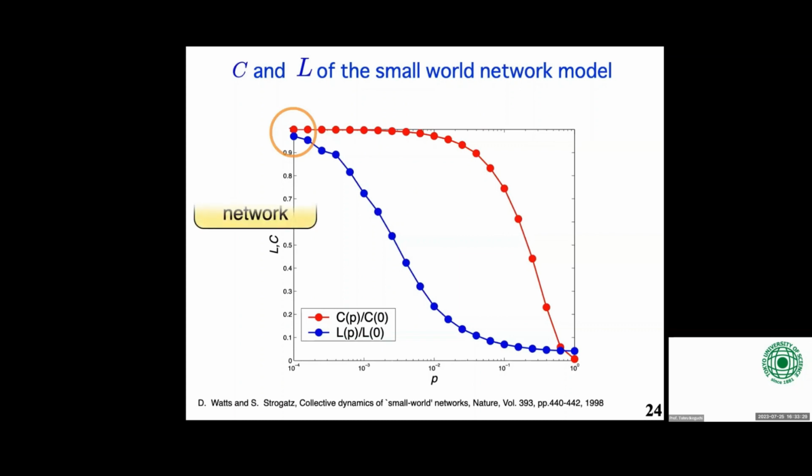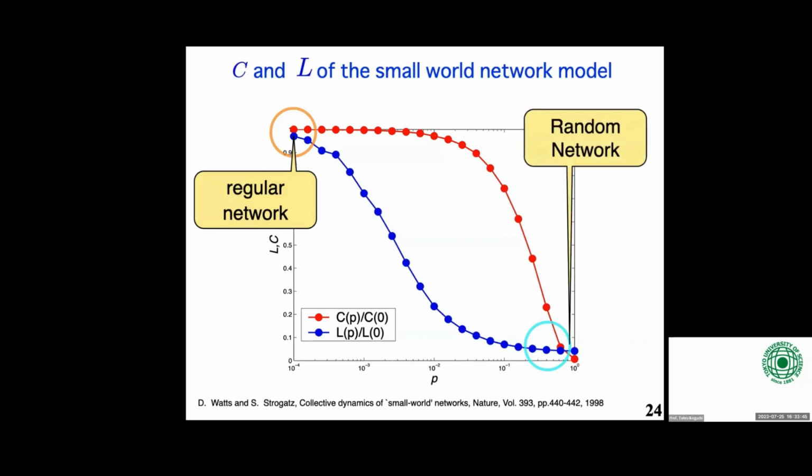On the other hand, the values of C of P divided by C of 0 and L of P divided by L of 0 at P equals 1 are both small, which indicates that this is the characteristics of a random network.